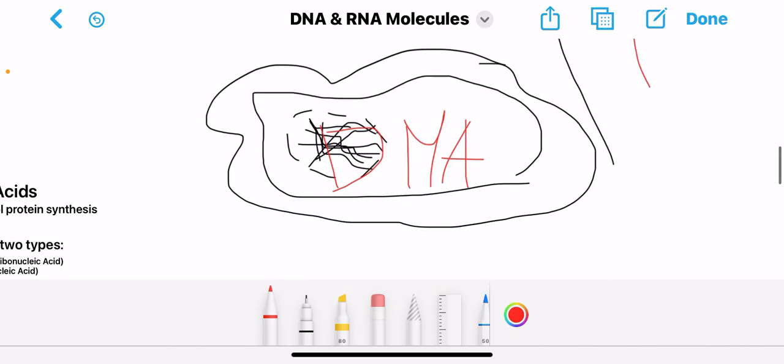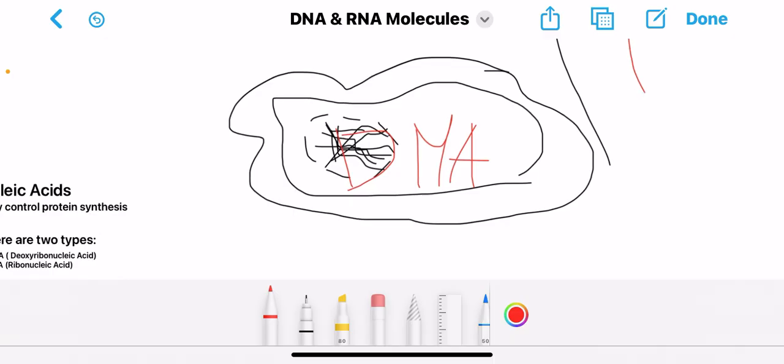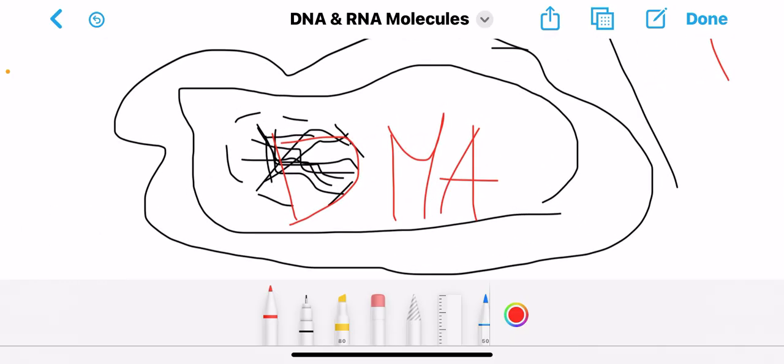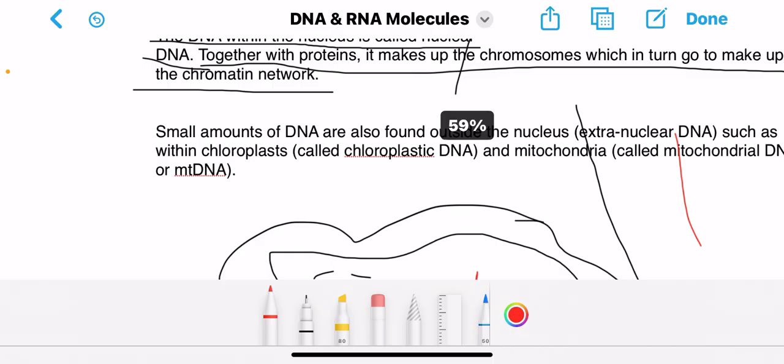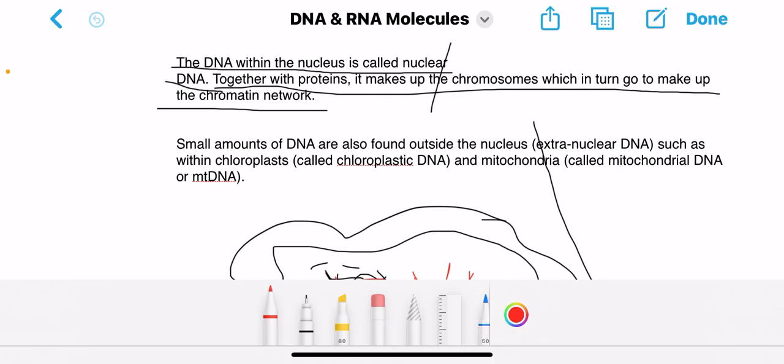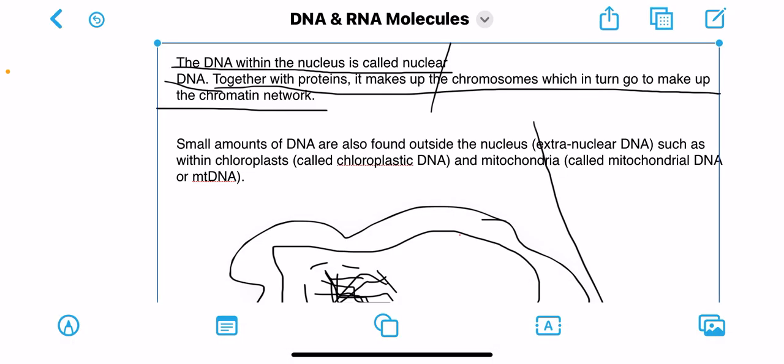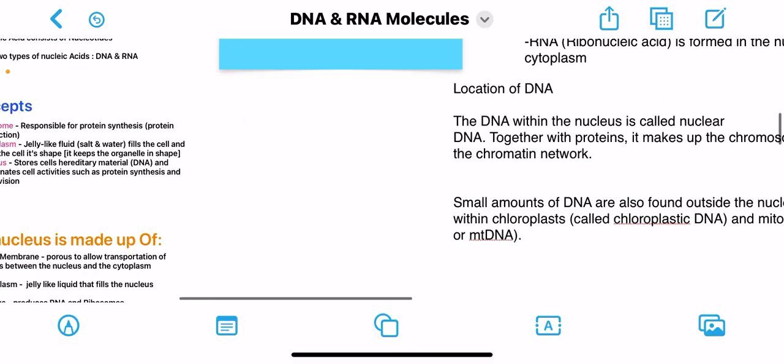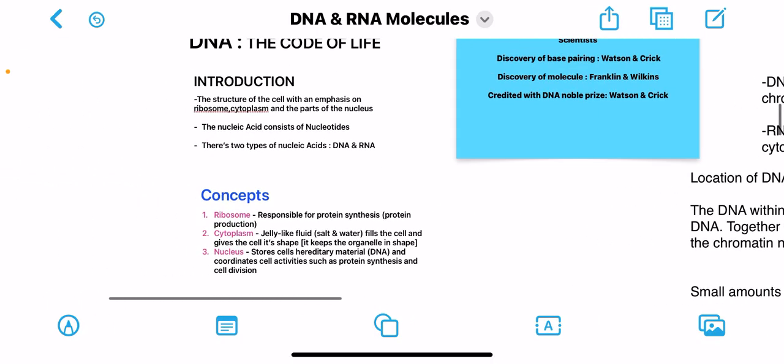Now, we all know that in the cell body we have the chloroplast, the cytoplasm, the ribosome, and the mitochondria inside the cell. But I'm not going to focus on mitochondrial DNA and chloroplastic DNA. Those are just extra DNAs that I wanted you to know about. So now we're going to focus on DNA.